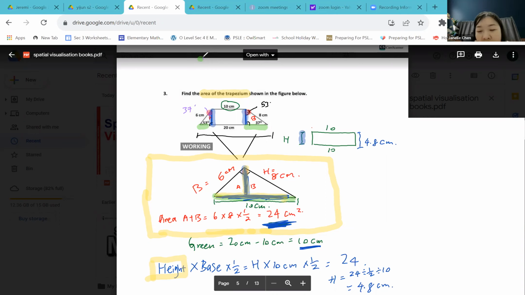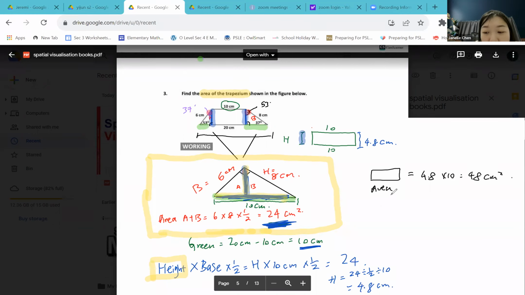So what we actually have here, just now we mentioned that we have our 4.8 ready. So basically what we need is we need to find our rectangle. So rectangle area basically is equal to 4.8 multiplied by 10. I have 48 cm square, correct?